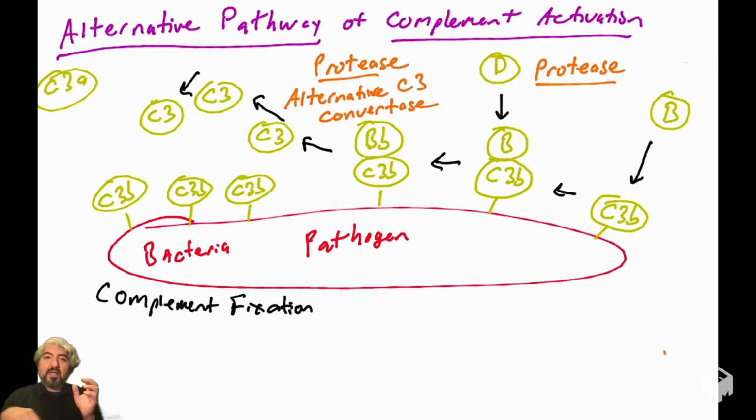So this whole process results in many C3bs covering the surface of the pathogen. What's that going to do? Well, we'll cover those effector functions of complement in a later video. But the point of these videos is for you to understand the proteins involved in recognizing a pathogen using the alternative pathway and the resulting C3 convertases that trigger the complement fixation onto the surface of pathogens.